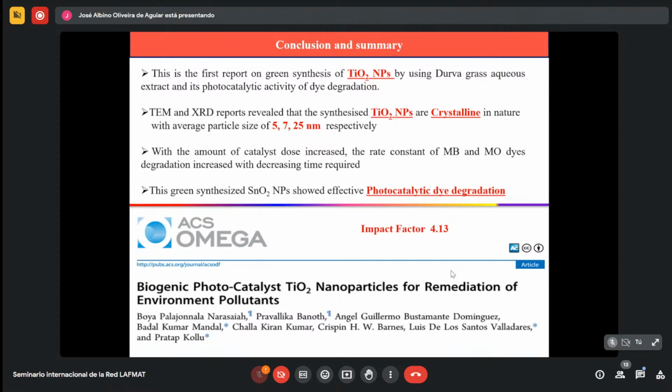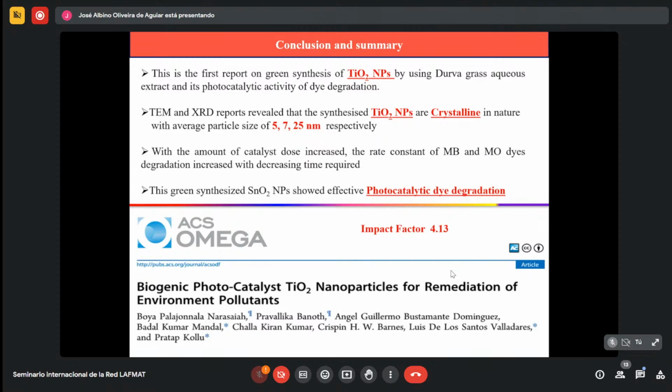Once we developed the material, we applied it for the photocatalytic dye degradation. As the amount of the catalyst increases, the rate constant for the methylene blue dye increases, whereas as the dye concentration increases, the degradation time is more. This is the outcome of the result.